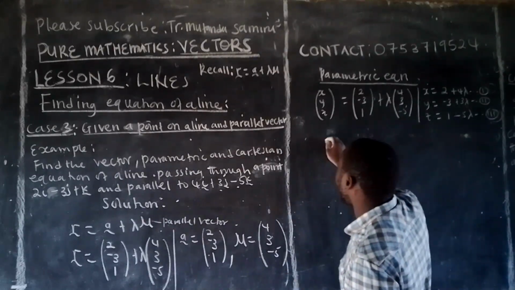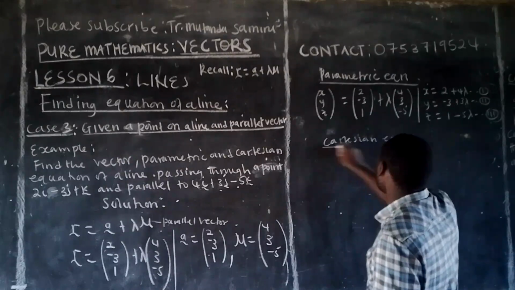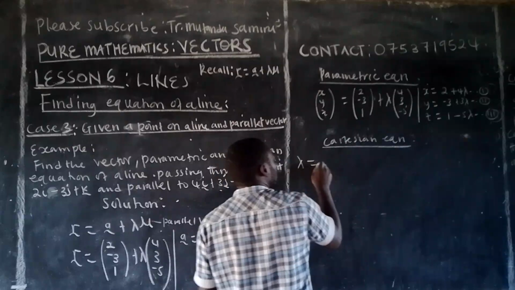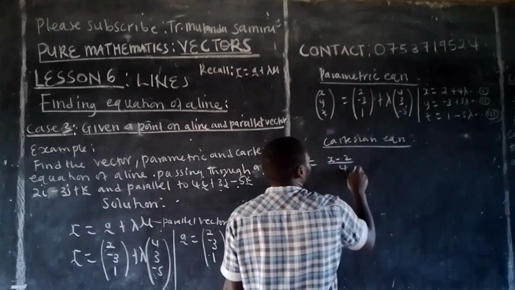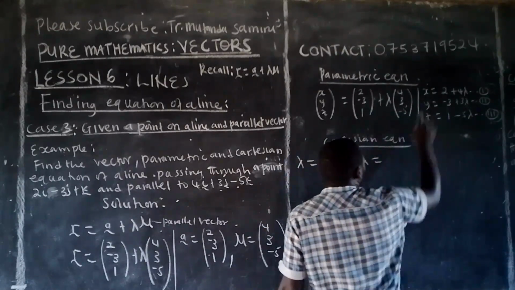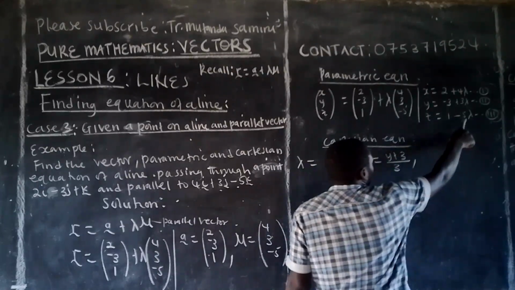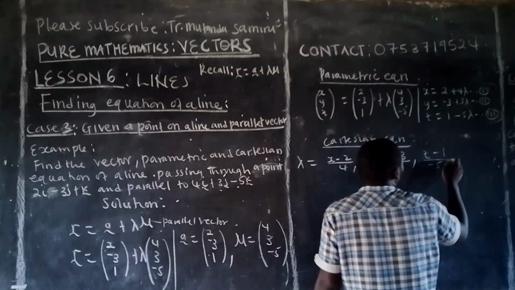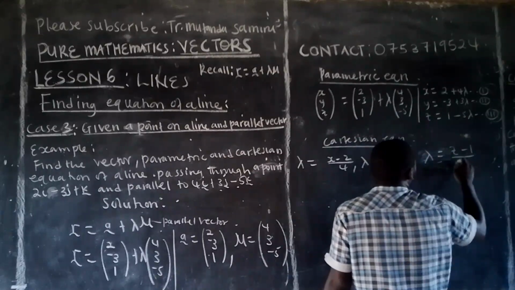Now let's get the Cartesian equation. Getting the Cartesian equation here is simple. Make lambda the subject. From equation 1, lambda is equal to x minus 2 over 4; lambda is also equal to y plus 3 over 3; and lambda is equal to z minus 1 over negative 5.